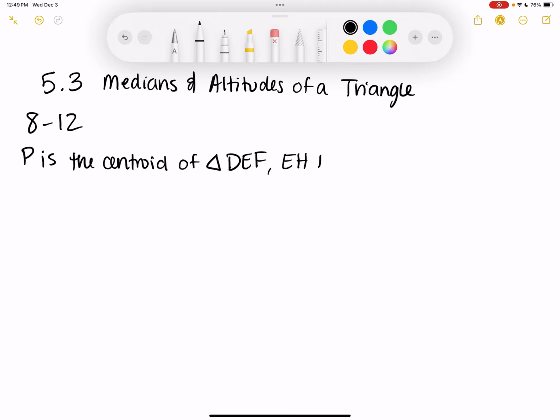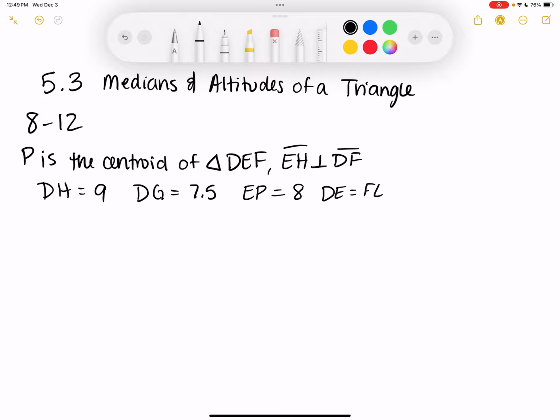EH is perpendicular to DF. DH is equal to 9. DG is equal to 7.5. EP is equal to 8. And DE is equal to FE. And then draw this as best I can over here.